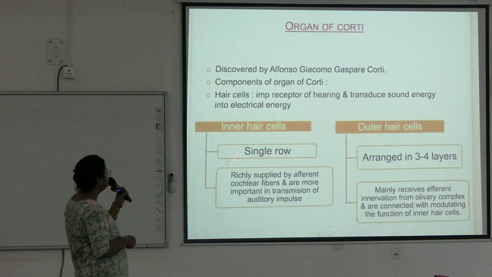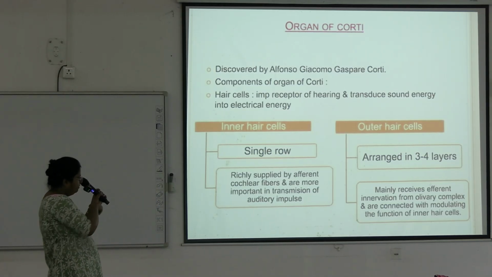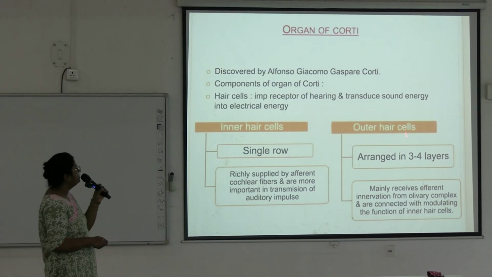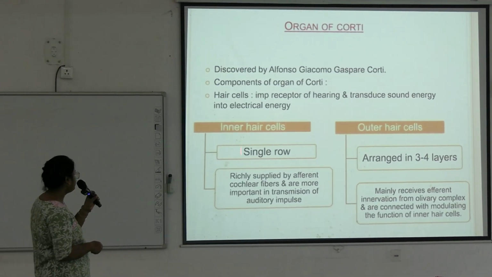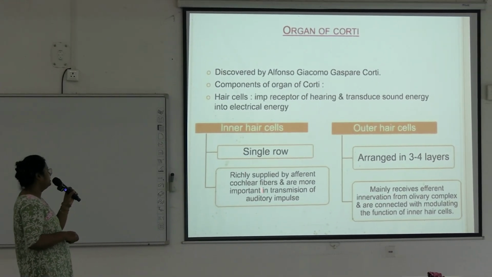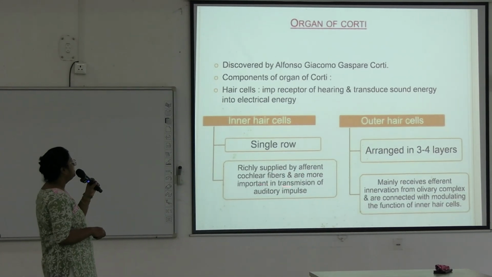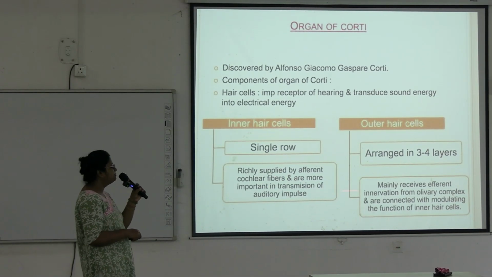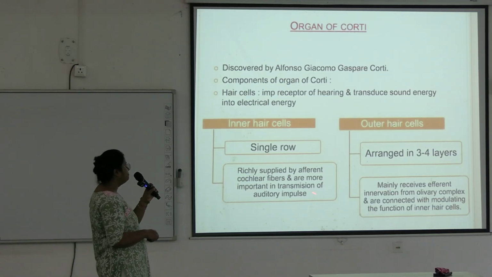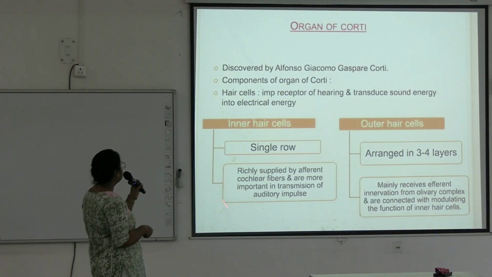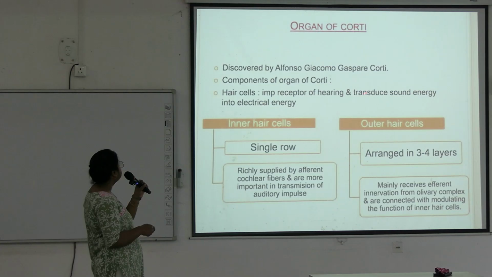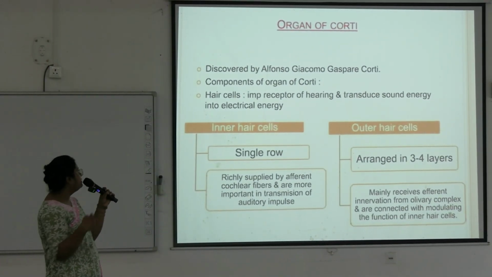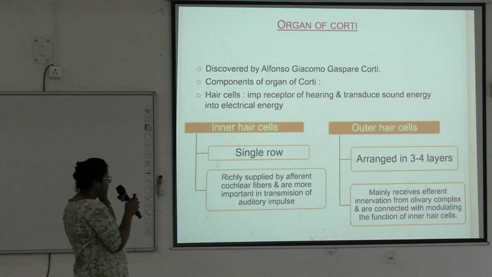Inner hair cells lie in a single row and outer hair cells are arranged in 3 to 4 layers. These inner hair cells are richly supplied by afferent cochlear fibers and they are more important in transmission of the auditory impulse. They convert the sound wave into electrical energy and transmit the impulse to the brain.